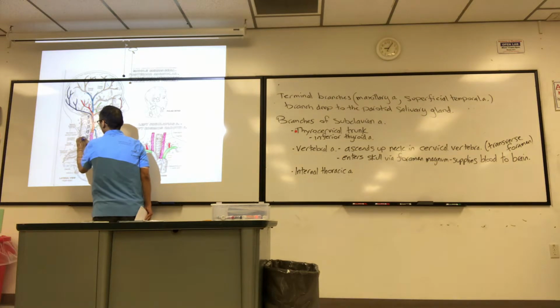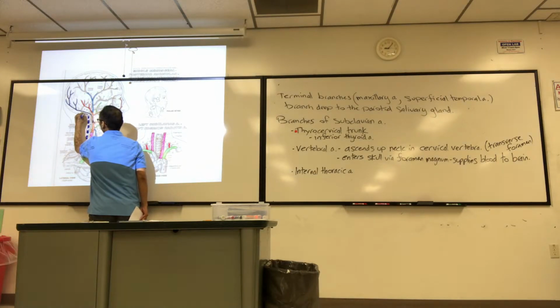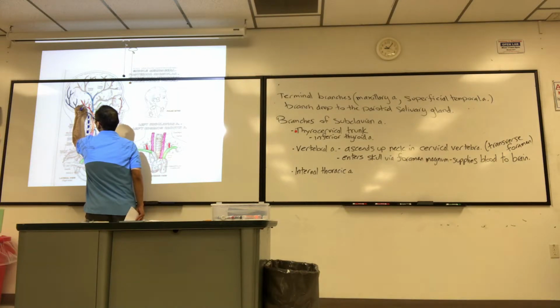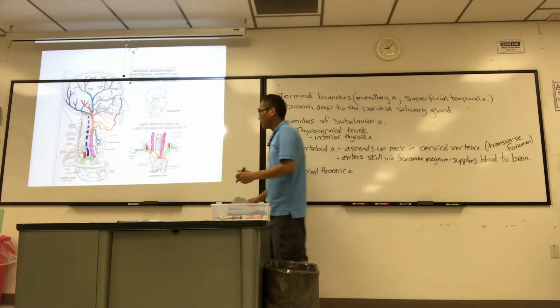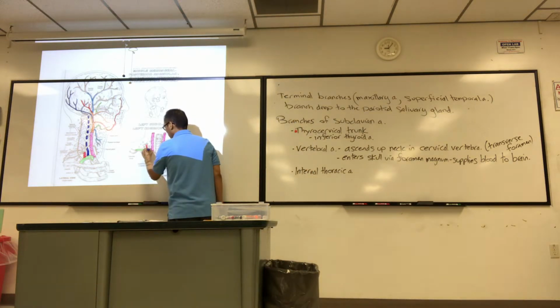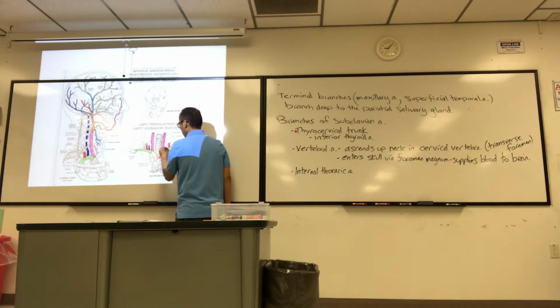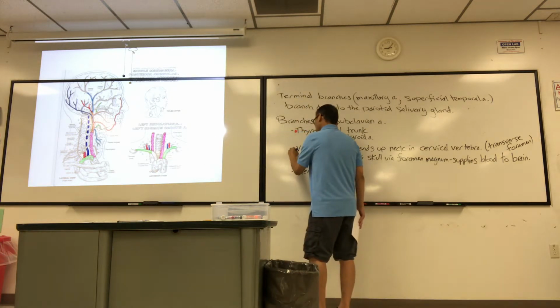Goes through the foramen magnum there, and it gets inside the skull. On the other picture, they cut it short, but it's right here. Vertebral artery. So I use blue for that.